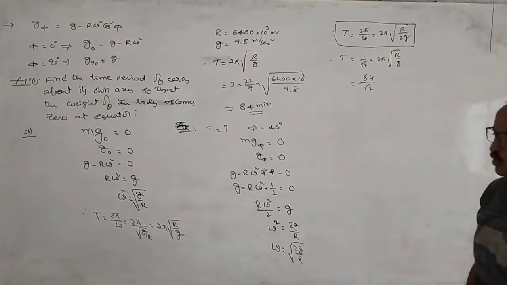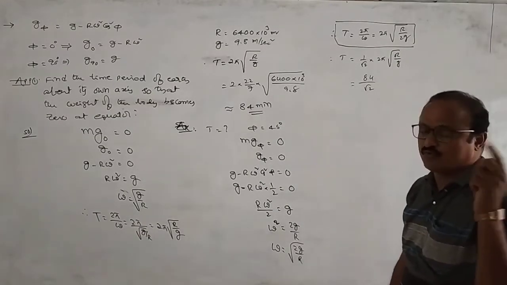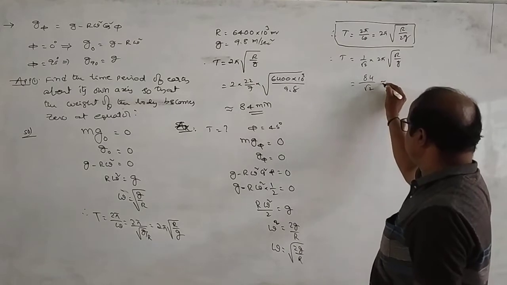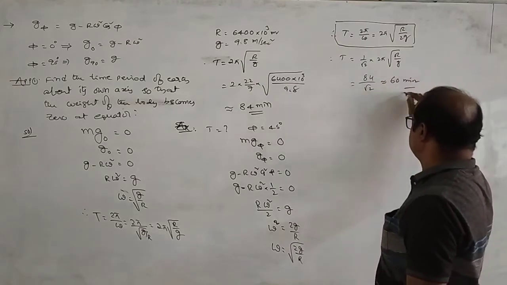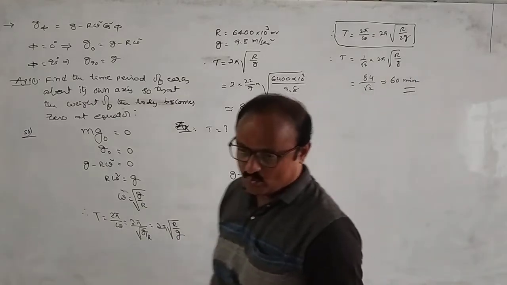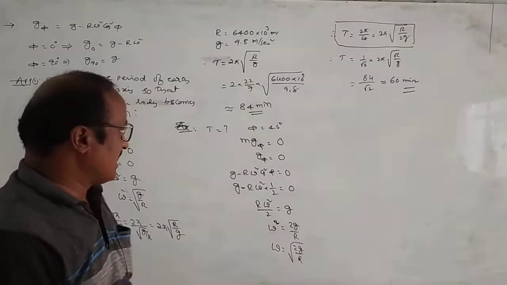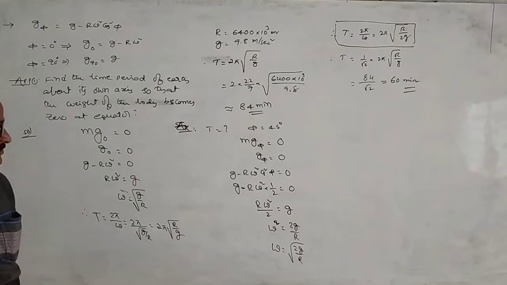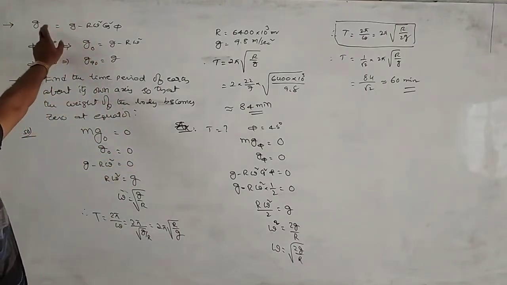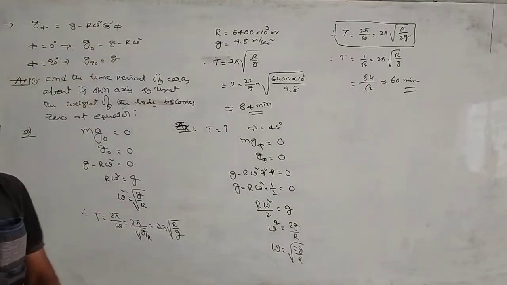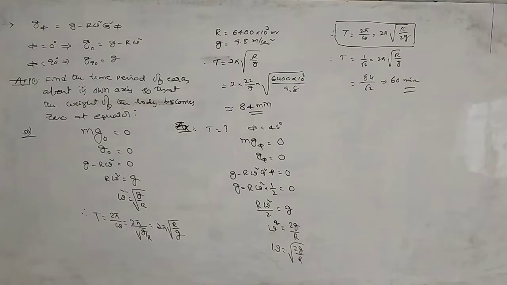Substituting root 2 as 1.41, it is nearly equal to 60 minutes. In this way, we can calculate the value of the time period of earth. This is based on the concept of variation of g with latitude, g phi is equal to g minus r omega square into cos square phi. Okay, next one.